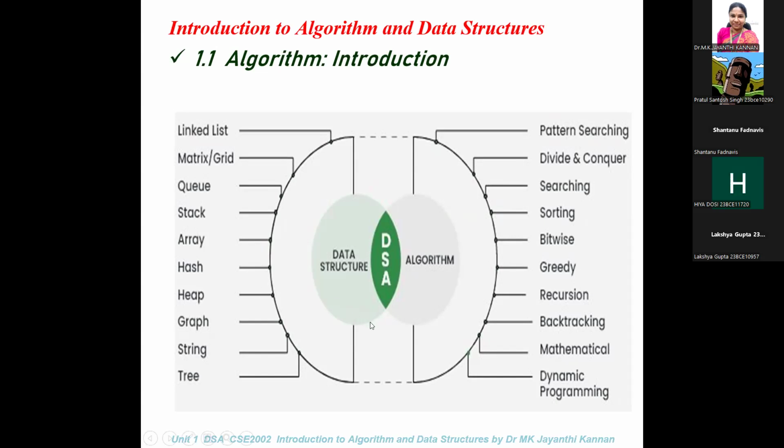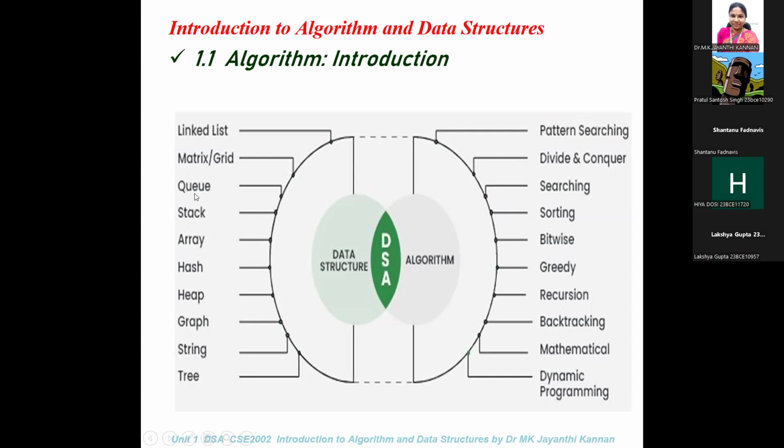If you take data structures and algorithms, the diagram gives you a clear picture. The various data structures we use in programming languages, based on the primary data type, include linked list, matrix, two-dimensional or three-dimensional matrix or grid, and queues.